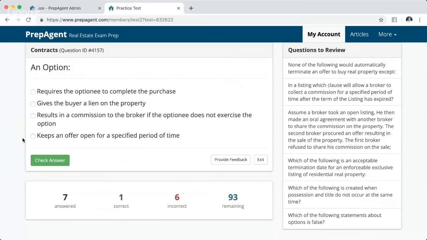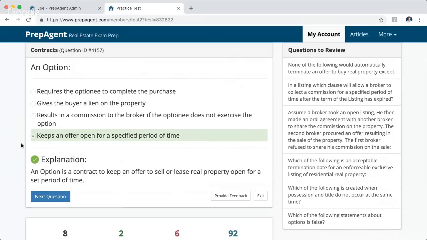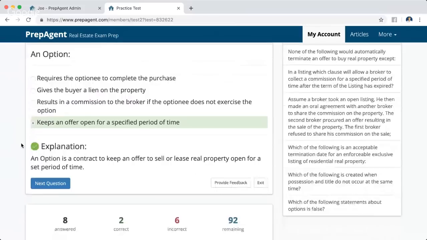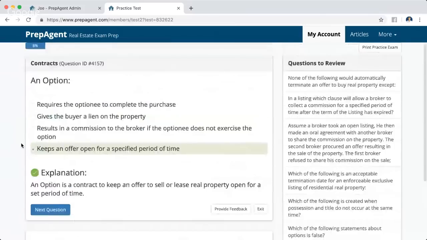What do you guys think? Keeps it open for a specified period of time. Good.